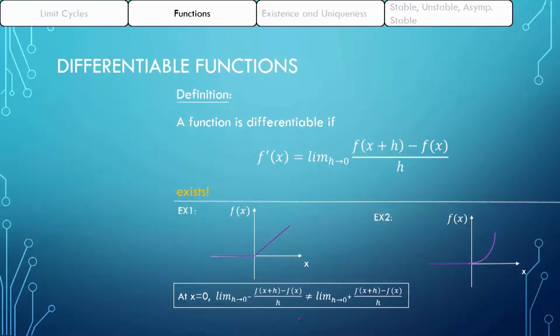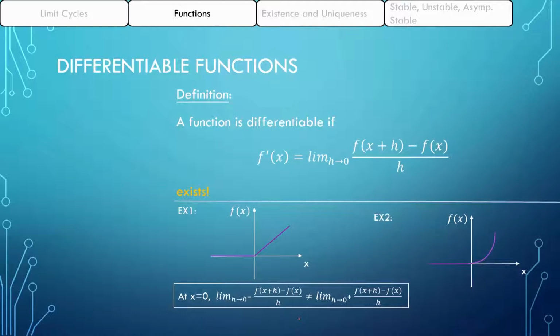At 0. Yeah, right. So this is an exponential function. Okay, so it's differentiable everywhere. And in this function, it's differentiable everywhere except at 0. Any questions? And is it continuous?